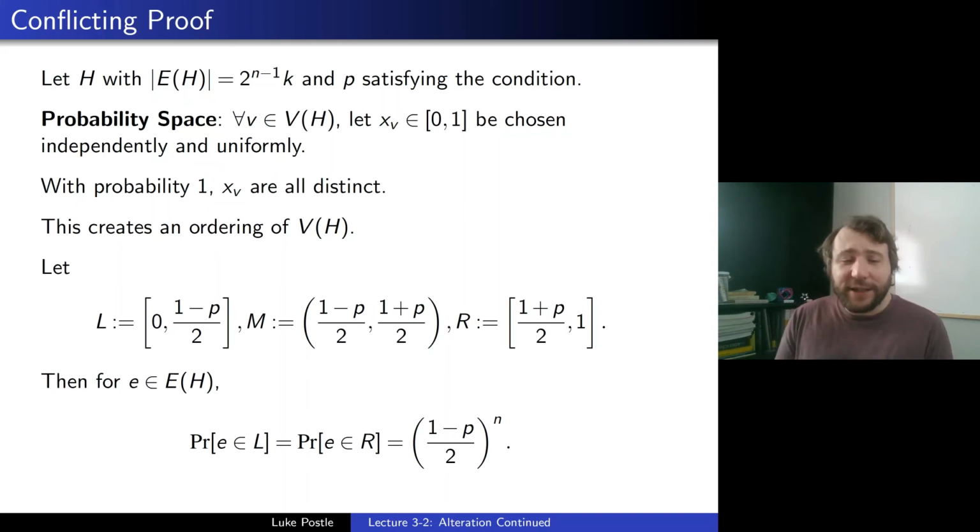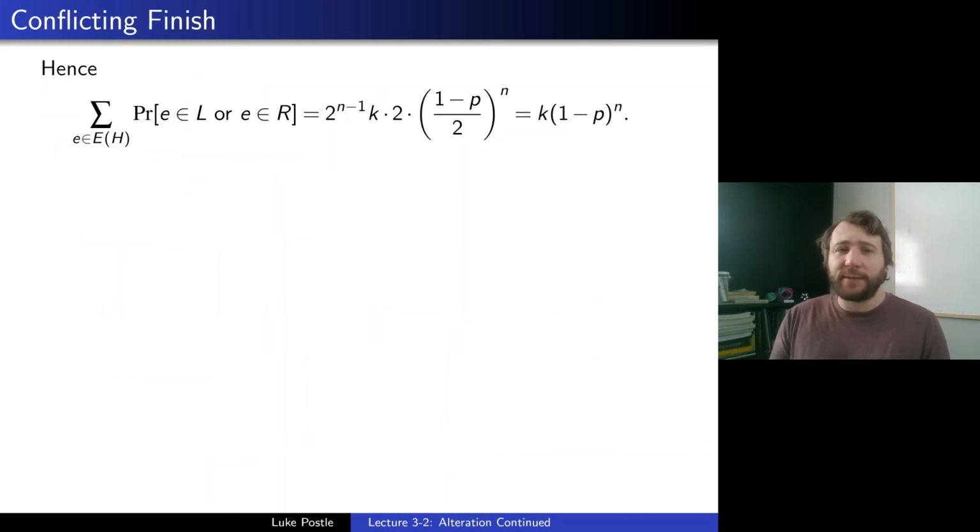For any edge E, the probability that it is entirely in the left or entirely in the right are equal, and it's ((1 - p)/2)^n. You need all of its vertices, n uniform ones, to be in that measure of (1 - p)/2, either the left one or the right one. So the point is it's quite unlikely for an edge to be entirely in the left or entirely in the right. And indeed, we can union bound this.